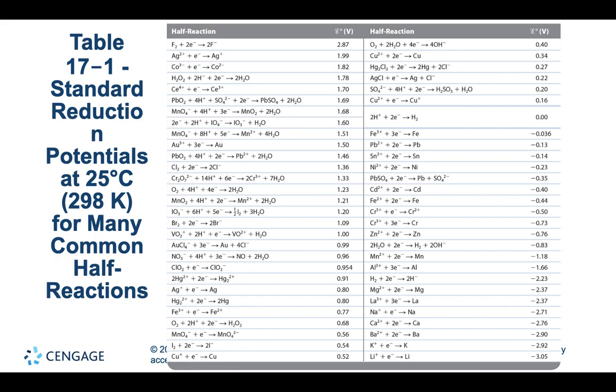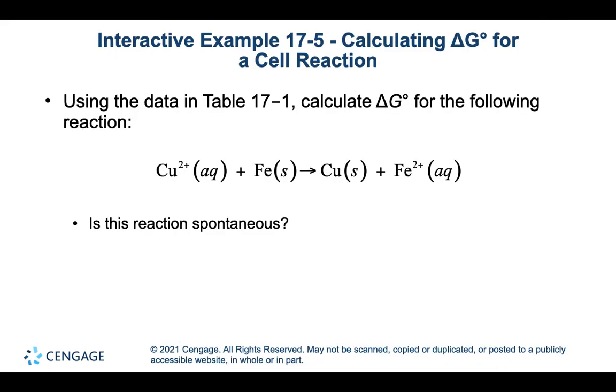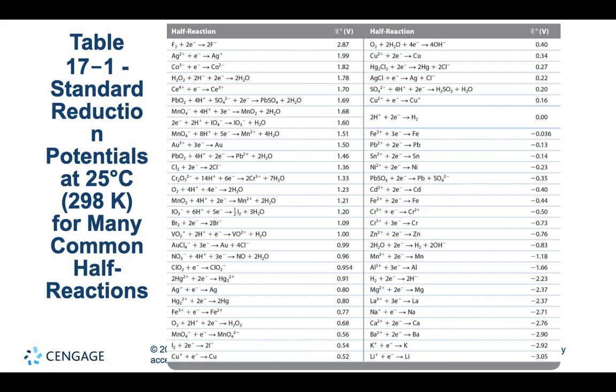So that means I want to run it in reverse, Fe to Fe 2+. I want to run the copper forward as a reduction. Copper 2+ yields copper. So let's see if that was what we did. Copper 2+ yields copper. Fe yields Fe 2+. So that's right. So we already can guess this reaction is spontaneous because the proper one of the two reactions has been reversed. The iron has been reversed, the copper is running forward.